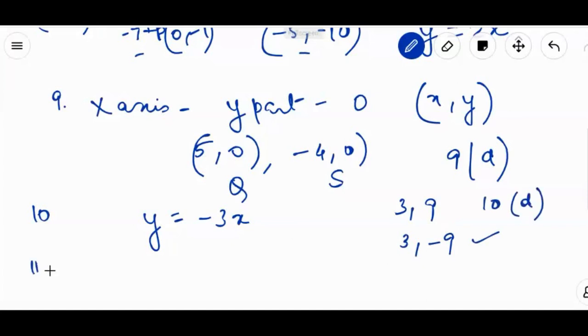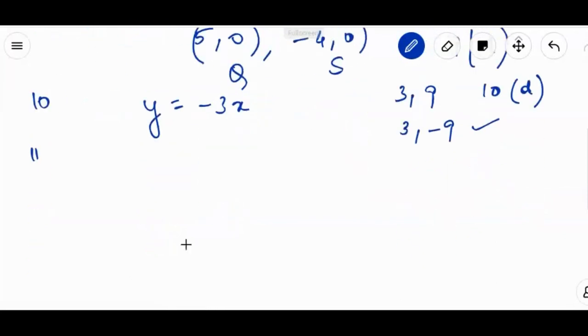Now, take the 11th one. If the coordinates of 2 points are this, then abscissa of P minus abscissa of Q is. Now, we should know what abscissa means. For the first point, your abscissa is minus 2. And the second point, the abscissa is how much? Minus 3.